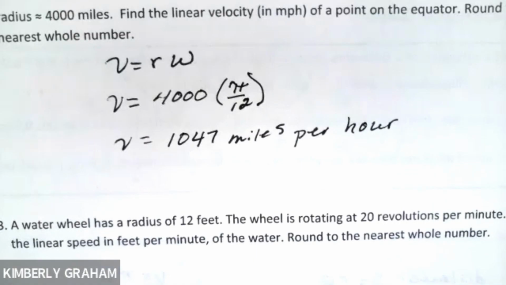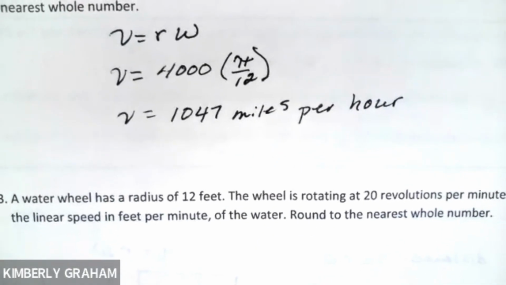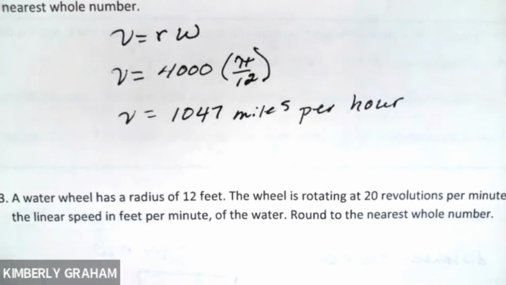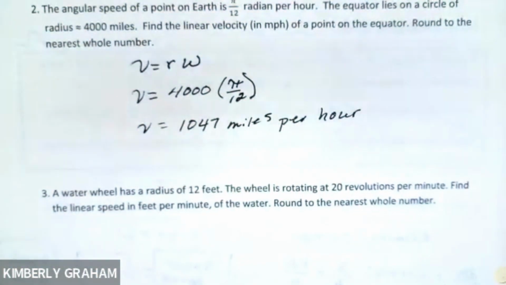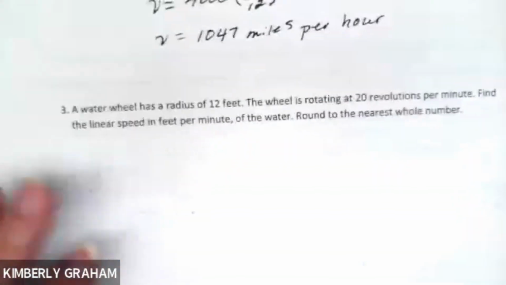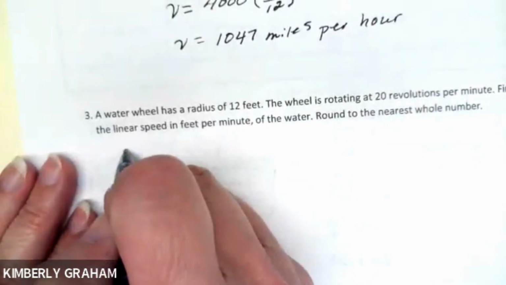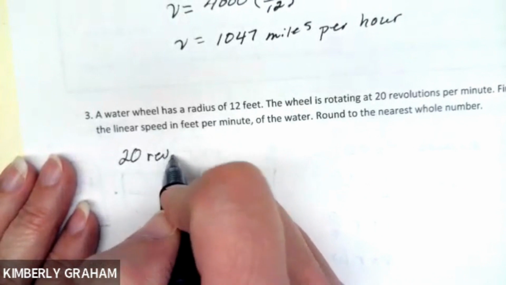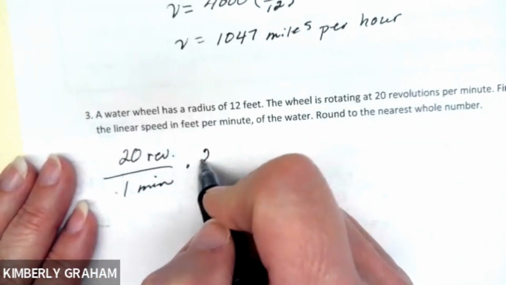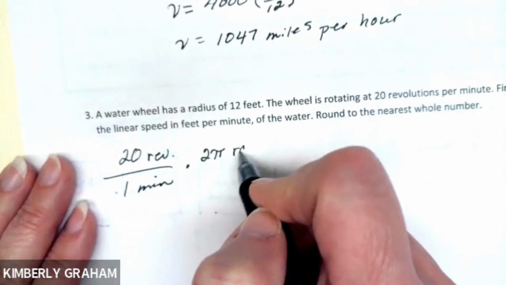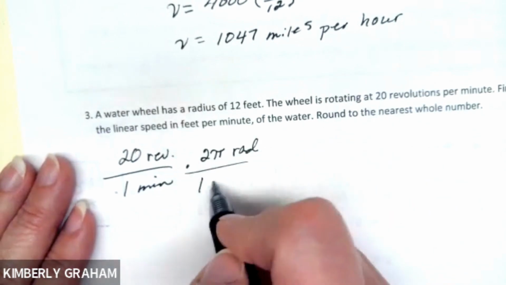Okay, next problem. A water wheel has a radius of 12 feet. The wheel is rotating at 20 revolutions per minute. Find the linear speed in feet per minute of the water and round to the nearest whole number. Okay, so I have 20 revolutions in 1 minute times 2 pi radians over 1 revolution.